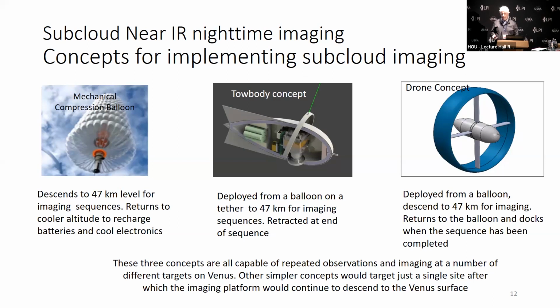The one on the left does this with a balloon that would dip down and is designed to tolerate that environment. The one in the middle would rely on the kind of balloon that Paul Byrne will be talking about later this afternoon, that would then lower a tow body on a tether down into this region. And then the third one is a drone, which would moor with a balloon, descend, return and dock. So these are the concepts.